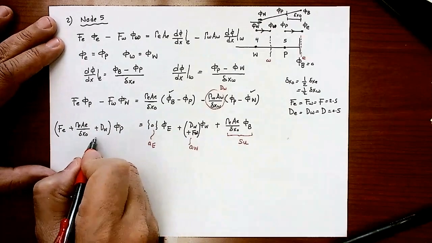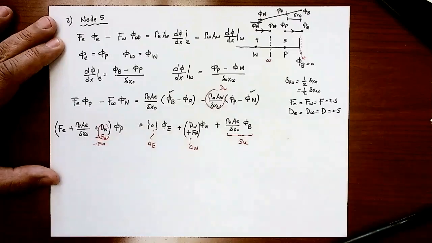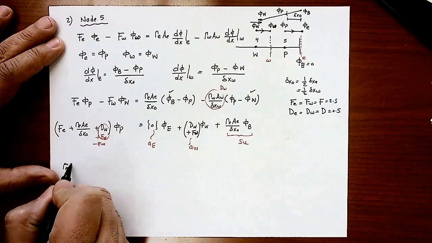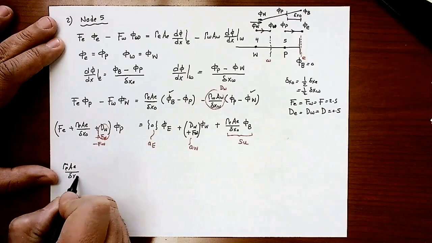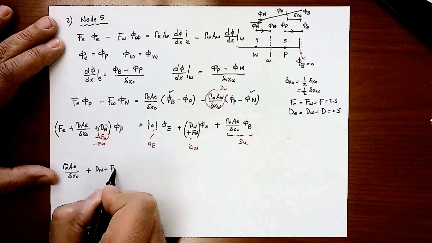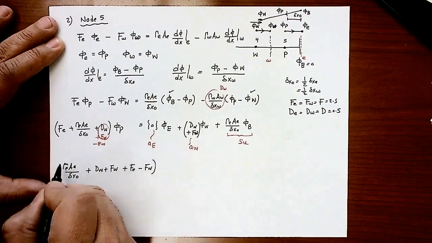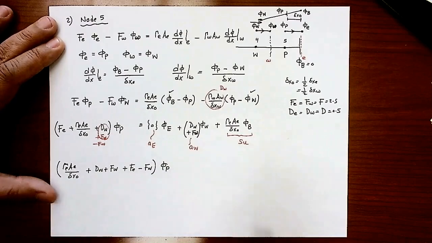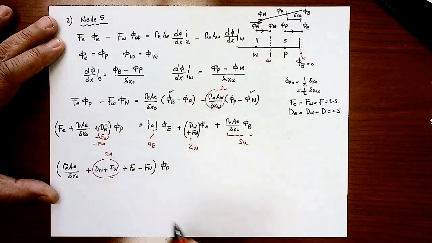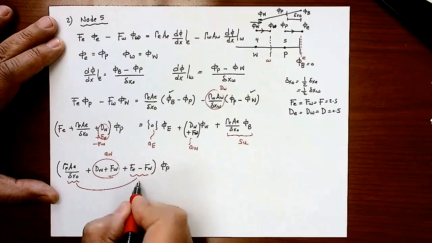Here, I'm going to add F west and subtract F west, so I can take that term and call that A west, right? So I have kappa east A east over delta x node, D west plus F west, and F east minus F west, totally multiplied by phi P. This term and this term together are minus SP.